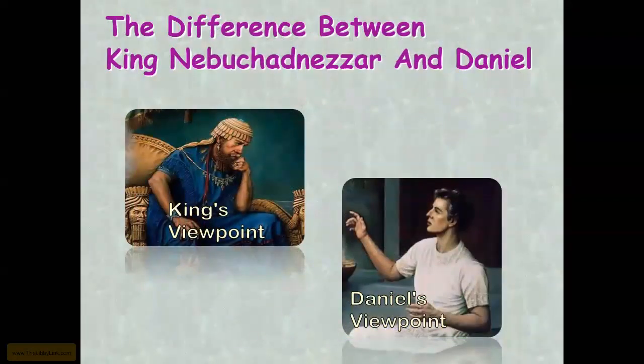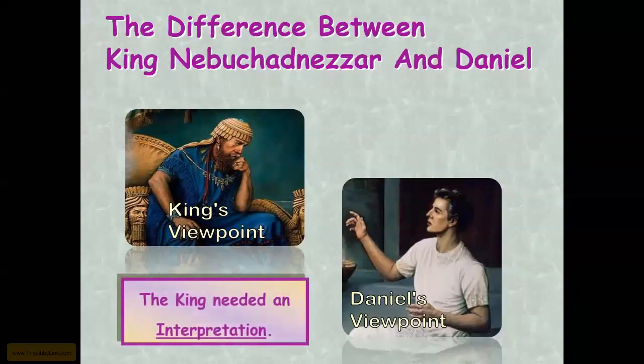The difference between King Nebuchadnezzar and Daniel: Daniel 4 is a literal vision, but Scripture uses the word interpretation when a better term would have been application. So what is the difference between King Nebuchadnezzar and Daniel? From the king's point of view, he really did need an interpretation, which Daniel gave to him.